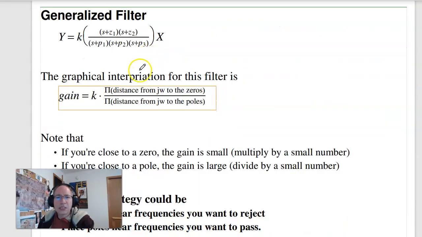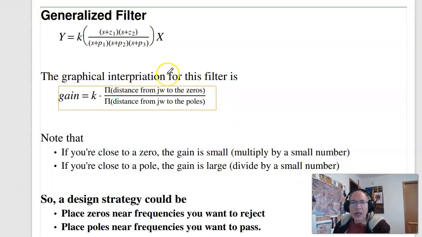A generalized filter has poles and zeros. Again, what the zeros do is they force the gain to 0 at the zero. The poles increase the gain at the pole. So in generalized form, I've got a gain K, zeros, and poles. Graphically, what you're doing is I've got the S-plane.